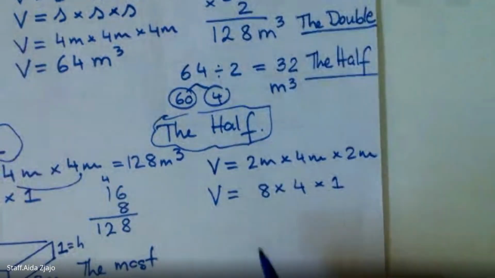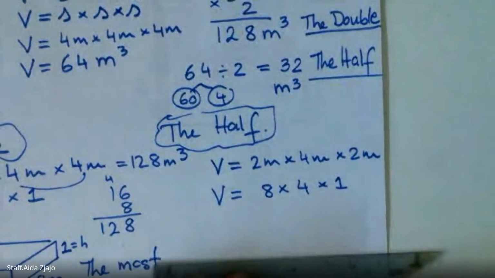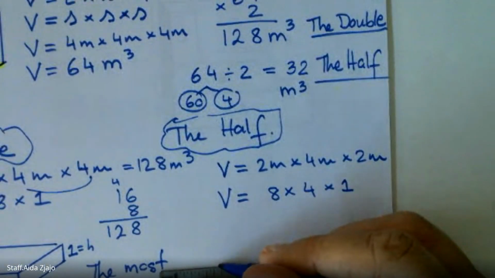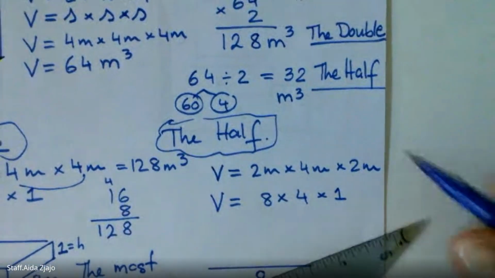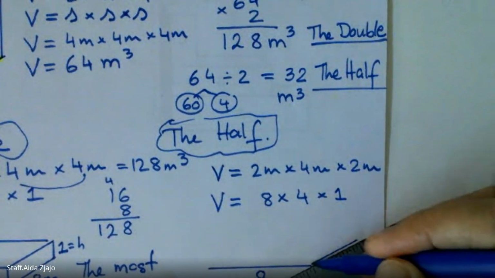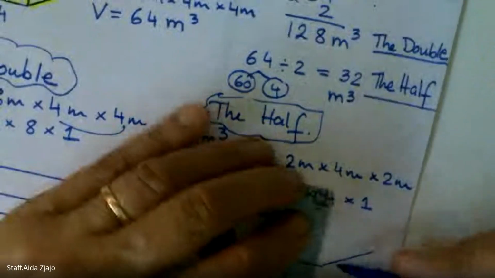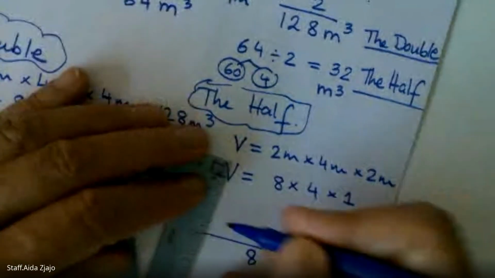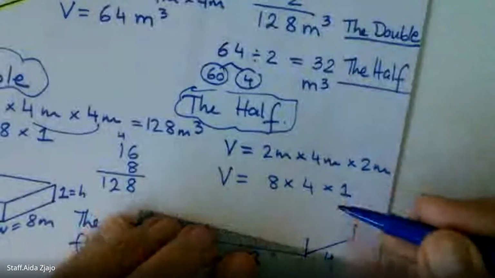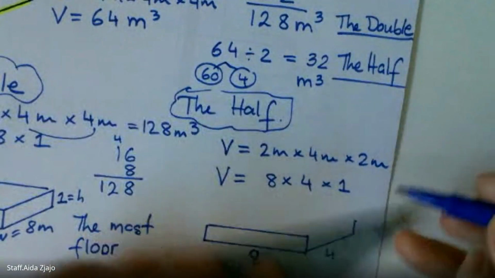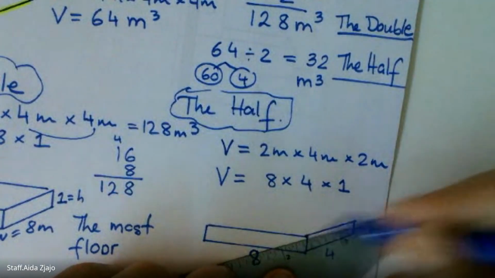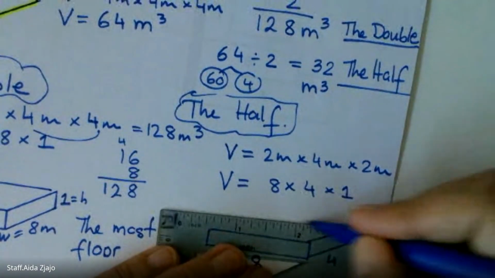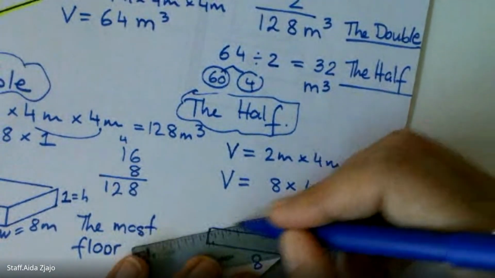This is how it looks: it's going to be 8 by 4 by 1, the box that will take the most floor space. All right, so it's about that.